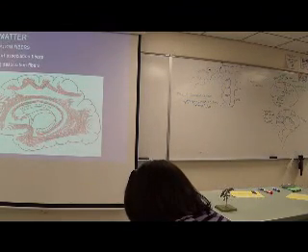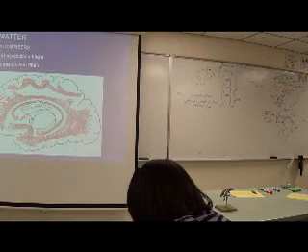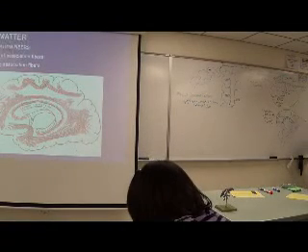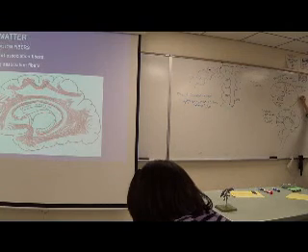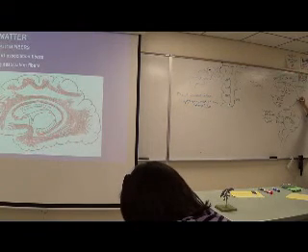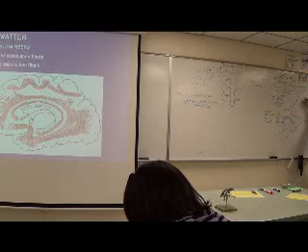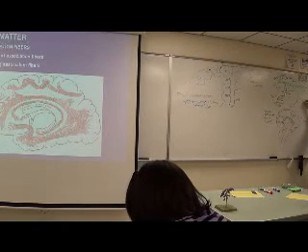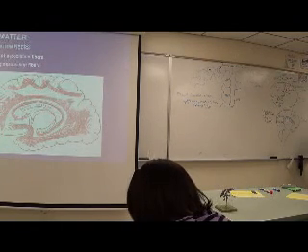Another example of a short association fiber is in the occipital lobe. We have a primary cortical area, primary visual area. And again, we're going to go over this when we get to the occipital lobe. I'm just giving you a couple of examples.